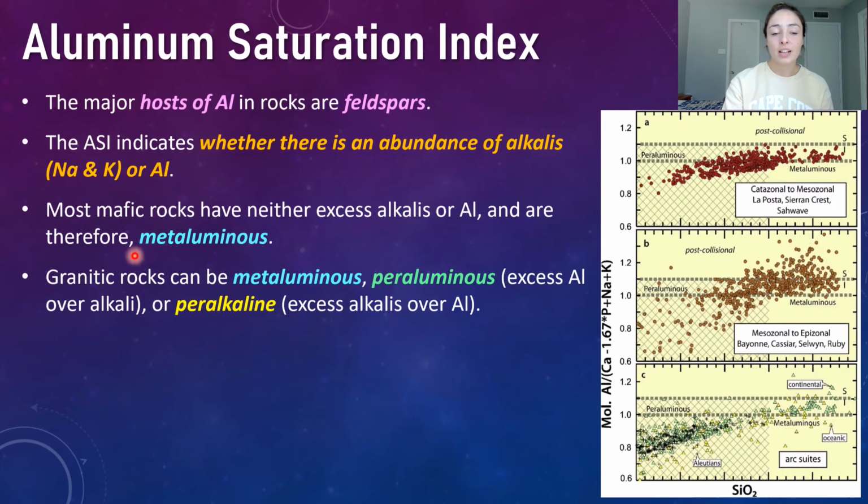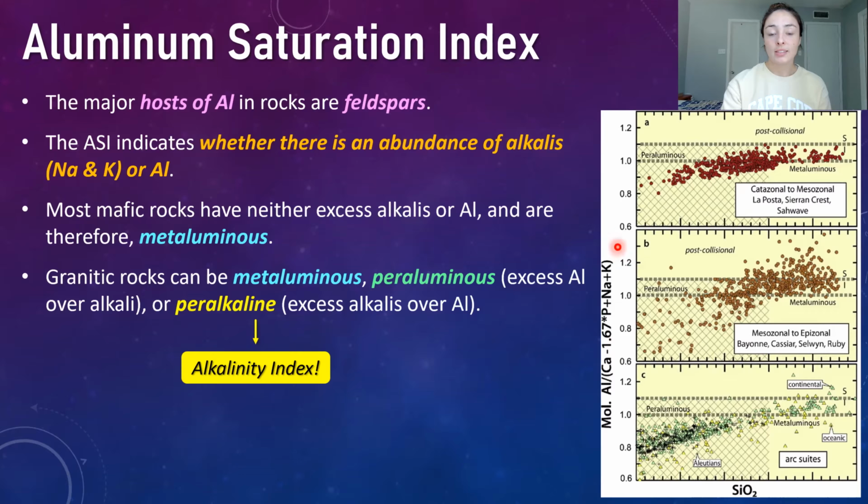And so what they're classified as is metaluminous, whereas granitic rocks can be either metaluminous, peraluminous, or even peralkaline. And we'll talk more about peralkaline in the alkalinity index in the next slide. But in terms of metaluminous versus peraluminous, it's basically when there's neither in excess in the case of the metaluminous category, or there's excess aluminum over alkali.